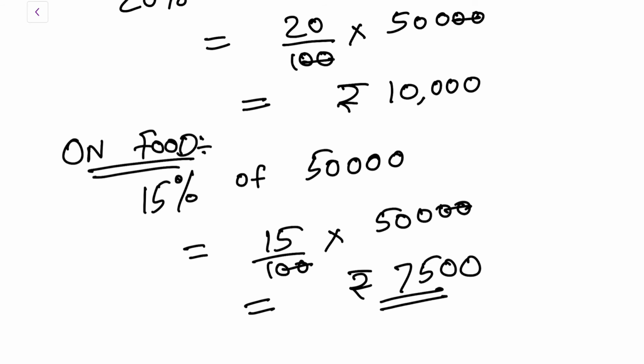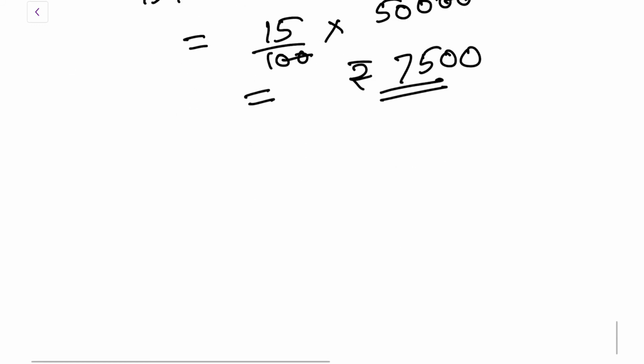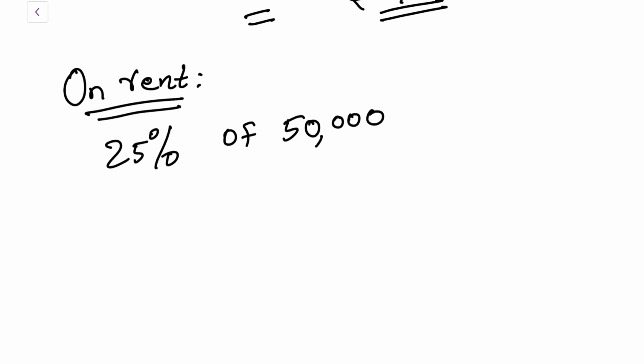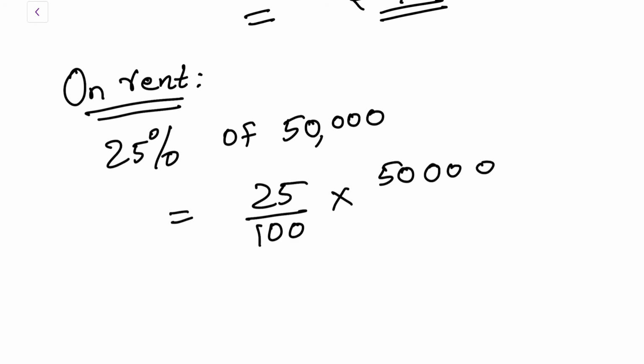Does he spend on anything else? That's right. On rent. That is also given. How much does he spend on rent? 25%. That's what they said. 25% of the total money he earns. That is 50,000. 25% of 50,000 will be 25 by 100 into 50,000, and that will give you 25 into 500 will give you 12,500 rupees.